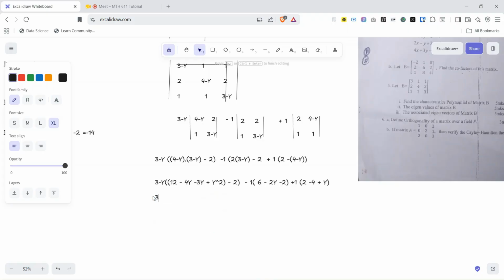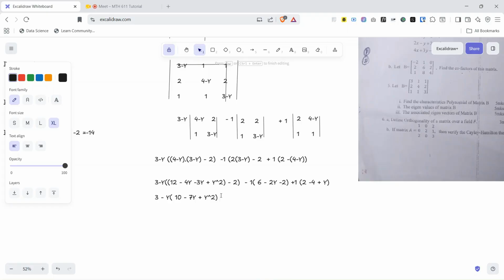Yeah, 3 lambda into, dealing with what we have in this bracket first will be 12 minus 2. This is 10. So 10 minus 7 lambda plus lambda square.